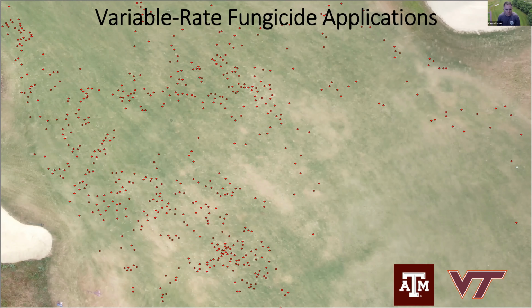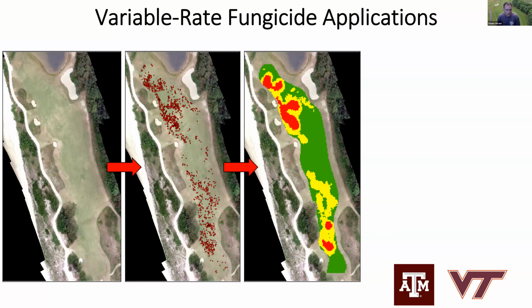They're using drone images and some machine learning with some digital images collected from a drone to identify spring dead spots within a fairway. And the whole idea is to create some kind of hotspot map. In this case, it's a spring dead spot, where the red areas are the higher outbreak areas, the yellow areas kind of moderate outbreak, and then the green areas are low outbreak.